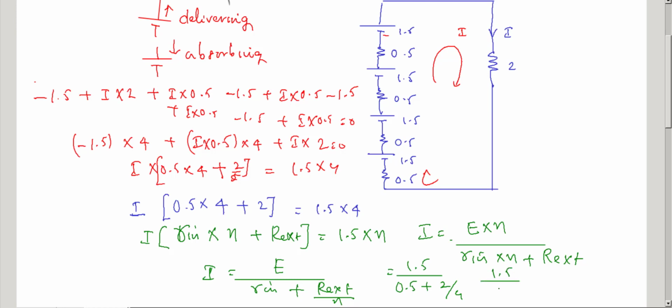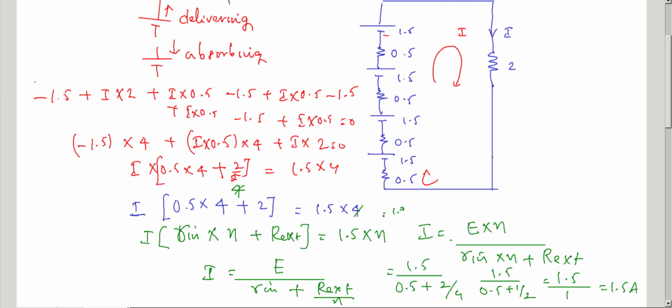So 1.5 divided by 0.5 plus 2 by 4, that equals 1.5 divided by 0.5 plus 0.5, that equals 1.5 amperes. You can check here: 0.5 into 4 is 2, 2 plus 2 is 4, which cancels, and you get 1.5.